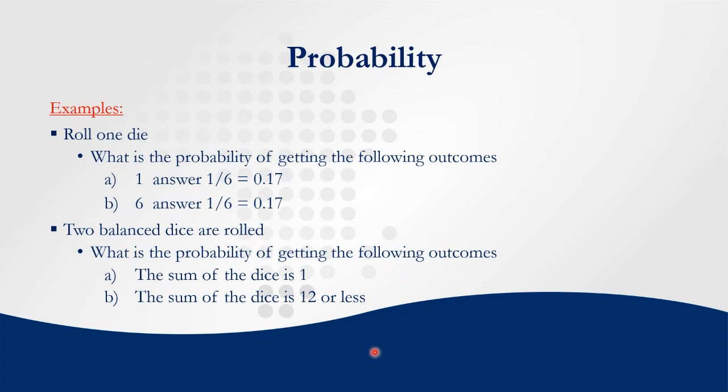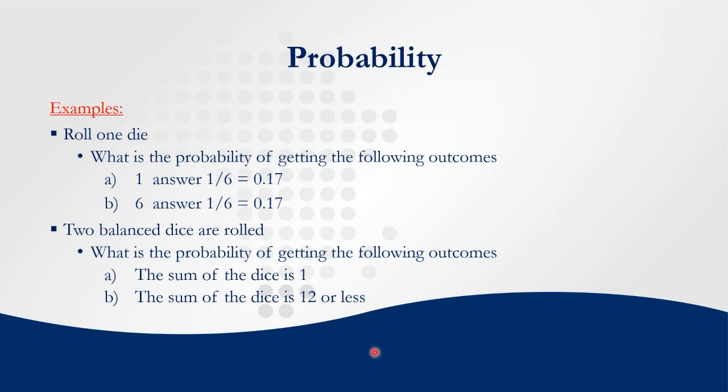So the question is, you have 2 balanced dice. If you roll them, they will each land on a number between 1 and 6, because those are the possible numbers. Once they've landed, you're going to have two numbers, one appearing on one die, the other number appearing on the second die.